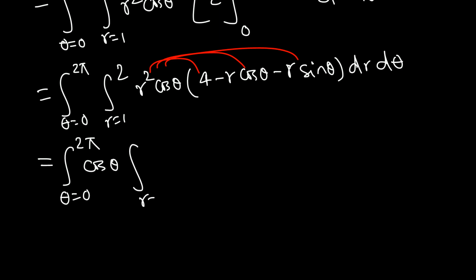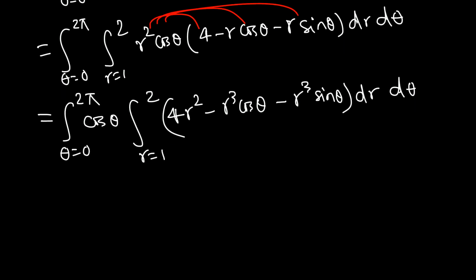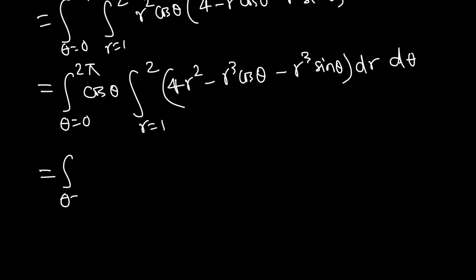And r from 1 to 2, 4r squared minus r cubed cosine theta minus r cubed sine theta, and we'll integrate this with respect to r, then later with respect to theta. So here theta from 0 to 2 pi, and we have cosine theta here.